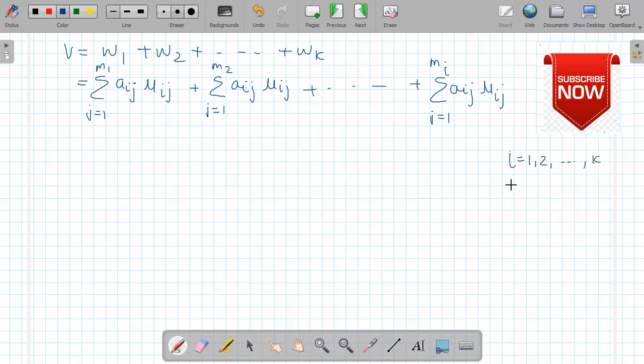and mu ij are the vectors in the subspace.